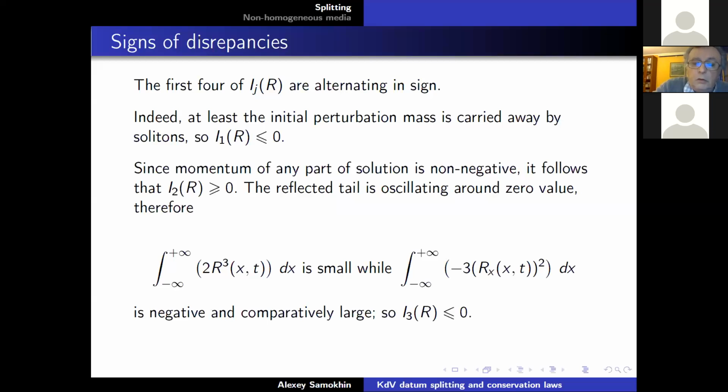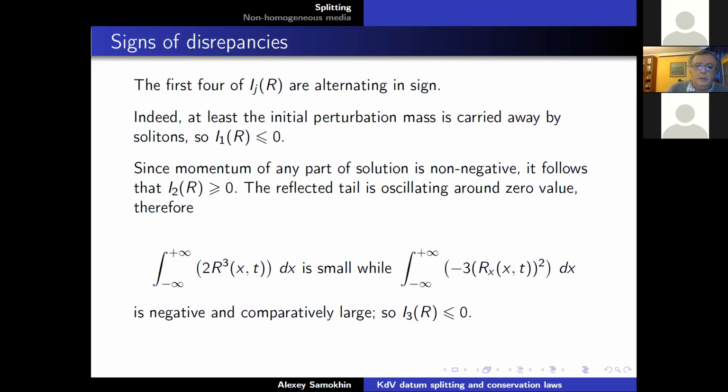So, the reflected wave moves to the right. So that the mass, at least of initial data, moves to the left, and therefore we see that this inequality holds.